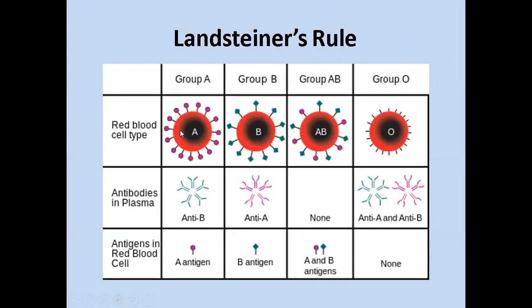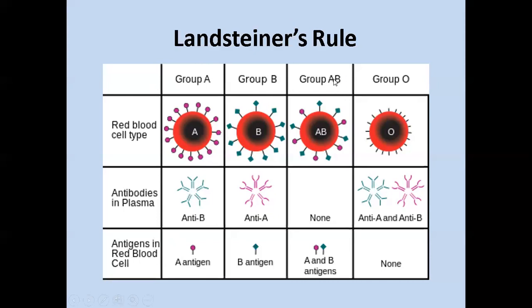They do not have B, so they would have anti-B. Okay, so A antigen with anti-B. When an individual is type B, they have the B antigen on their red cells. What do they lack? They lack A antigen, so they're going to have anti-A.